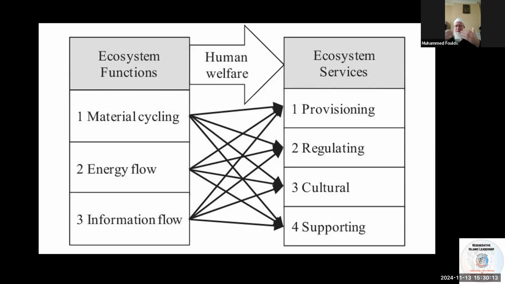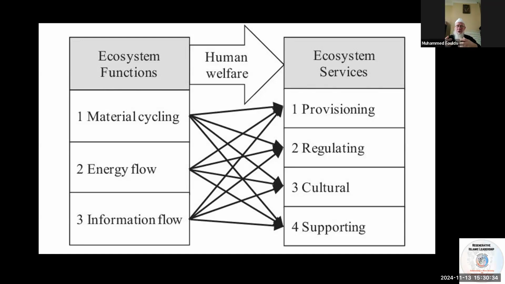I'm trying to explain it in a simple way. How we break it down and learn the process in the Quran to get the rules and the regulations, and implement it in society, is the same way as an ecosystem function, leading to human welfare and the services that it provides.